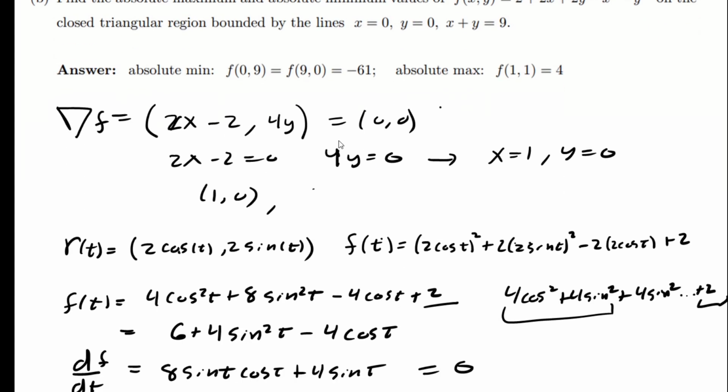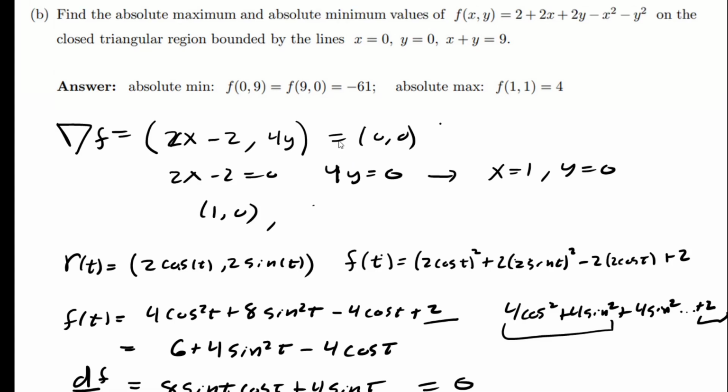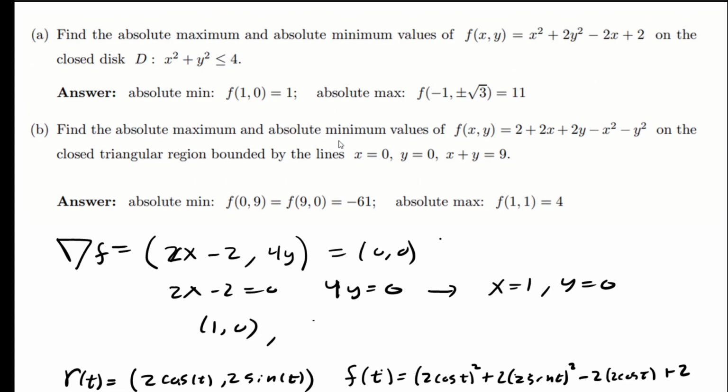Oh wait, what? At (0, 9). How did I get 9? Oh, that's the wrong one. Yeah, okay. Plus or minus root 3. I'm going to say that's not right, because that's not on the boundary, and I don't know, there's only one interior critical point.